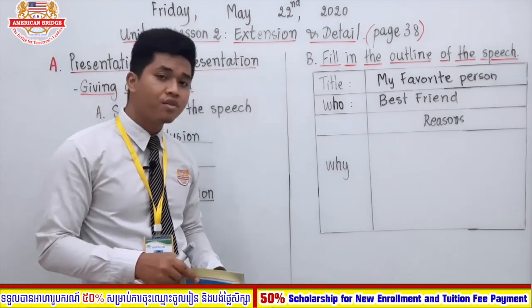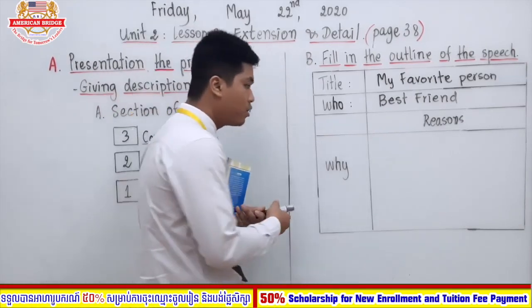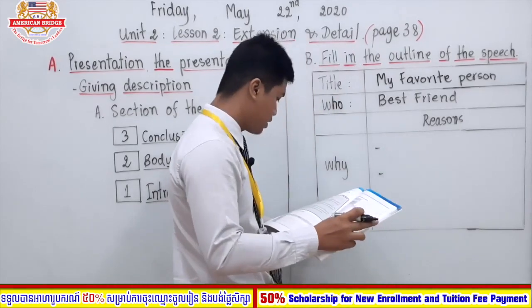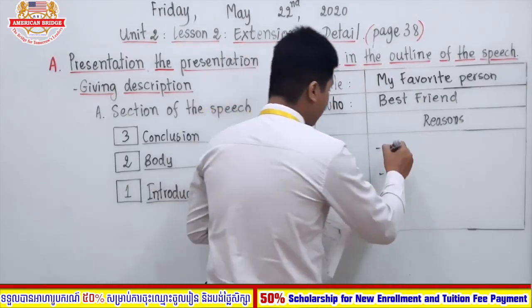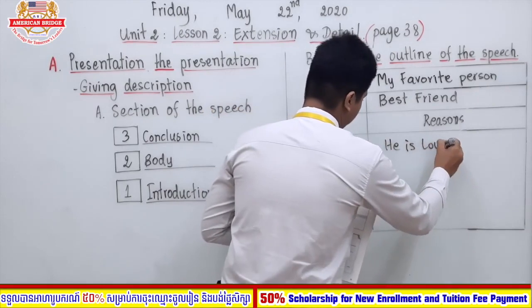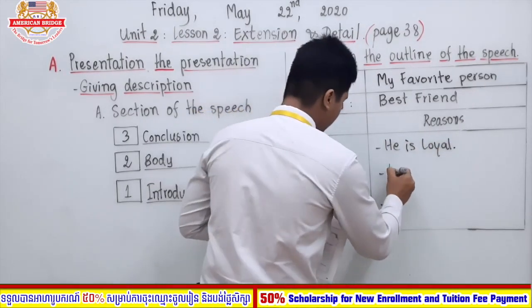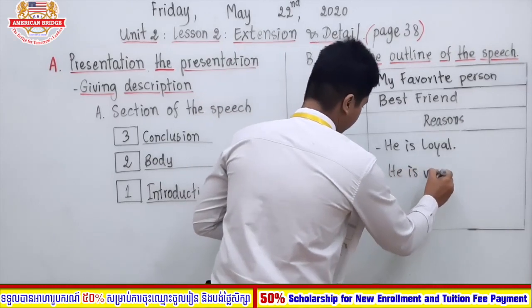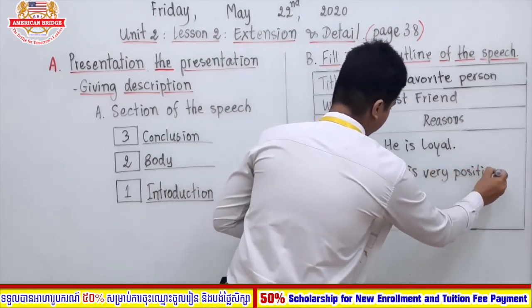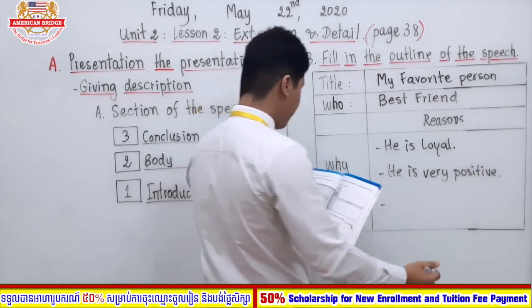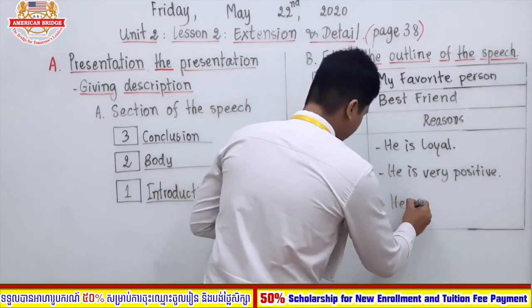There are three reasons. So you just list down those 3 reasons. So the first one is he is loyal. The second one, he is very positive. And last but not least, the last reason is he cares for others.